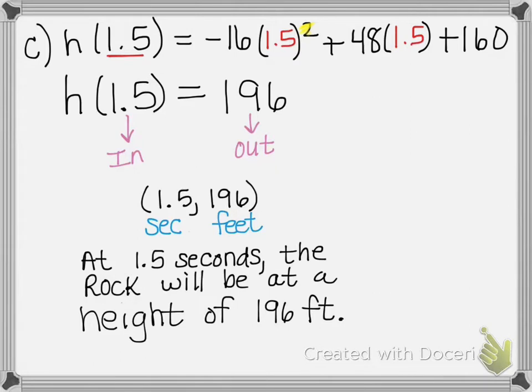So that's how we know what our height is going to be, because we were given an input value of 1.5 seconds and we found out that it paired with an output value of 196 feet.